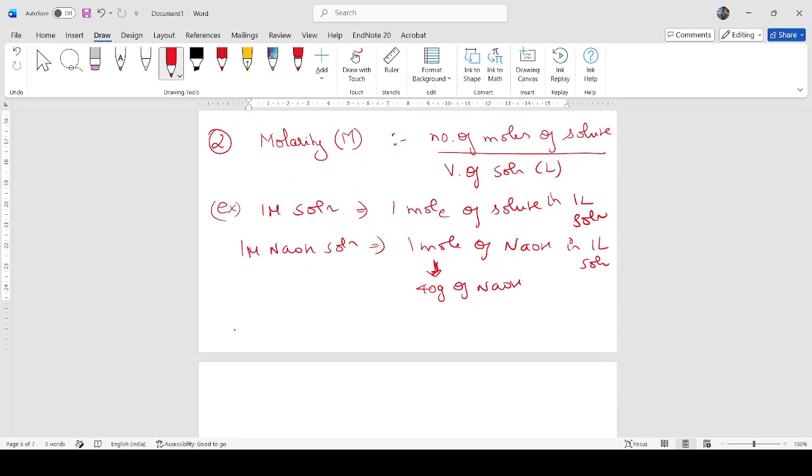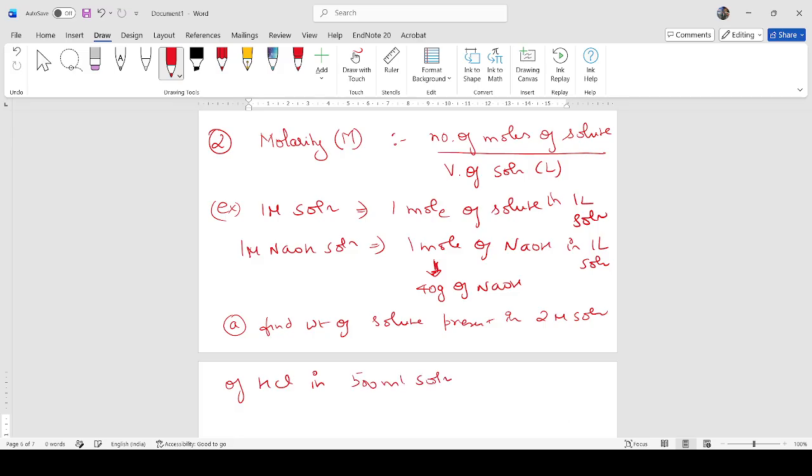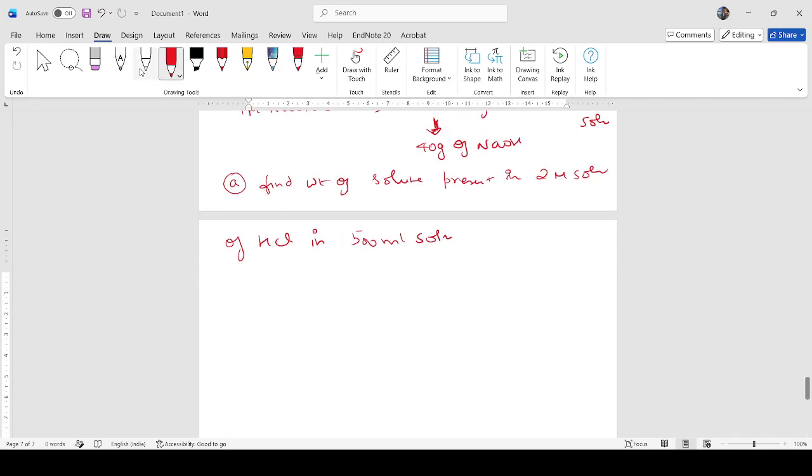So the very common way of questioning is asking you to find the weight of solute present in 2 molar solution of HCl in, let me say, 500 ml solution. This is a very common question that we have.